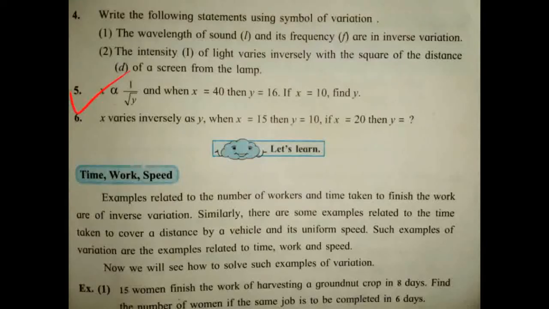Next, x is inversely proportional to square root of y, and when x is equal to 40, then y is equal to 16. If x is equal to 10, find y. In the question, what is given here, first you have to write this. X is inversely proportional to square root of y. You have to use the formula of the constant of variation in inverse variation.